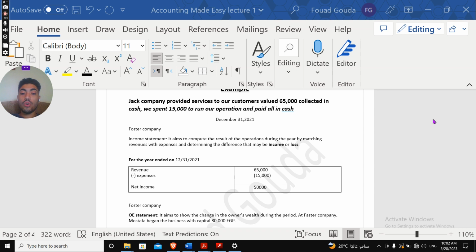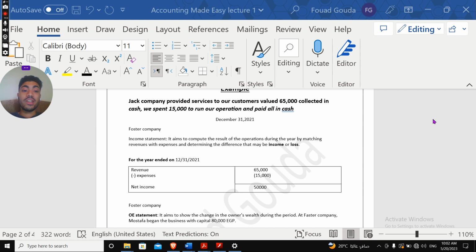So according to all the transactions that happened from the 1st of January 2021 to the last day in 2021, what have we done? Have we made a profit or a loss?